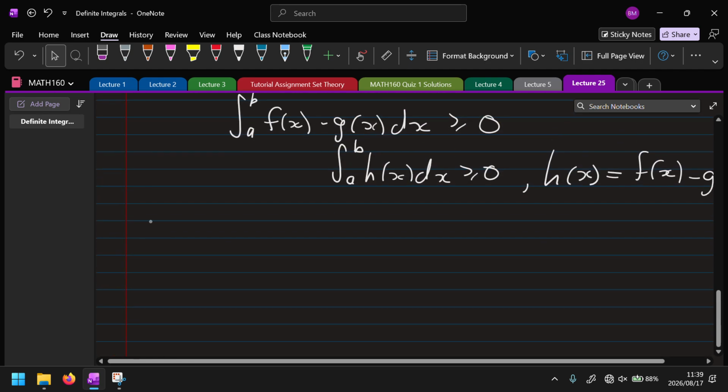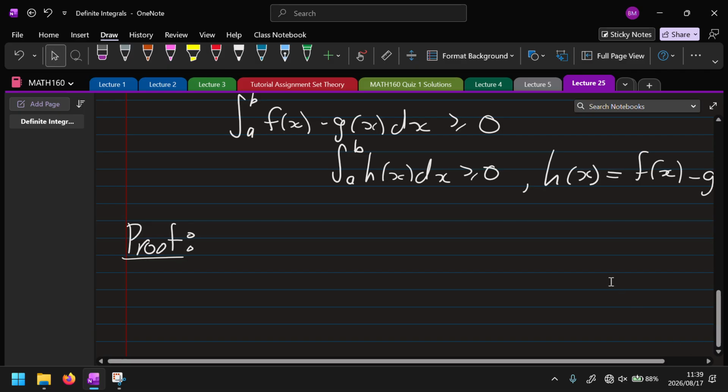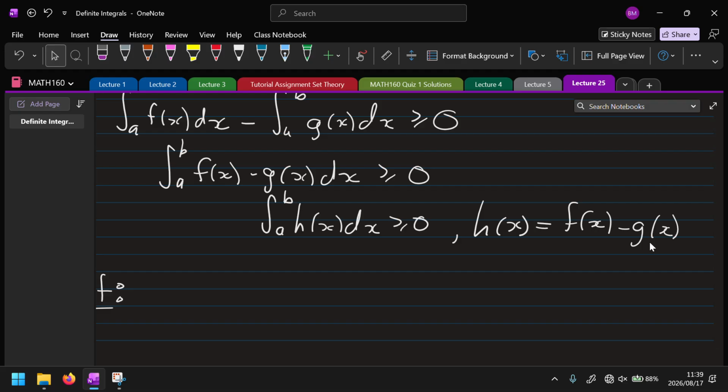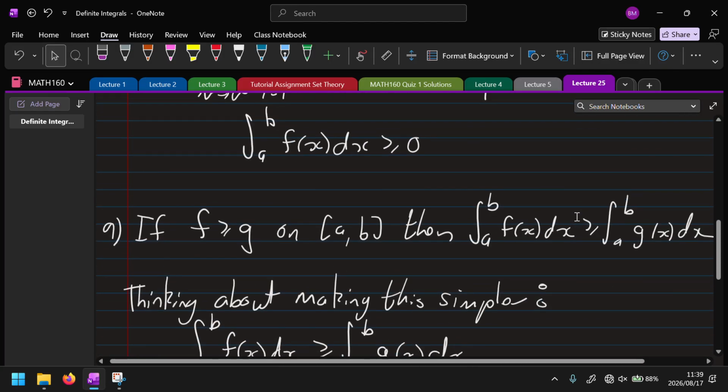Okay, so proof. In order to use what we had before, we need some function f that's always positive. Well, we've got this h here, which is f minus g. Is that always positive? Yes. f is greater than g. So f minus g is greater than 0.